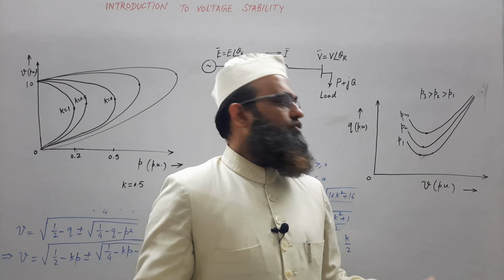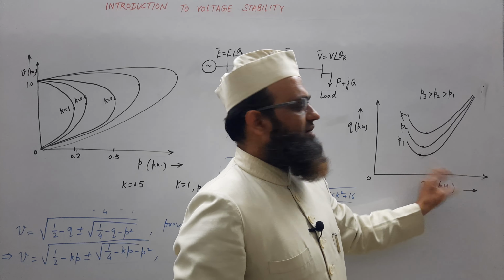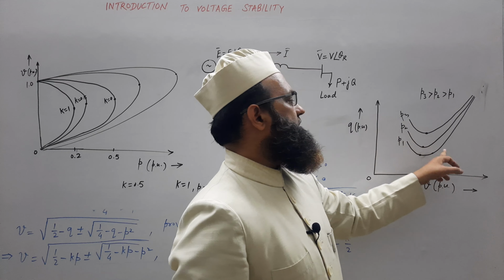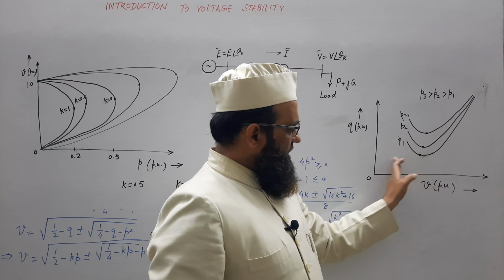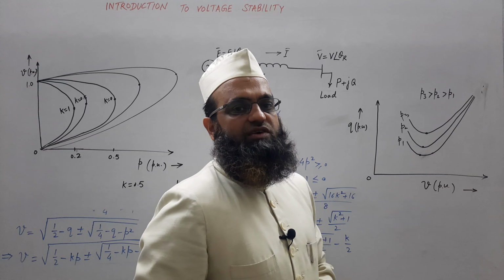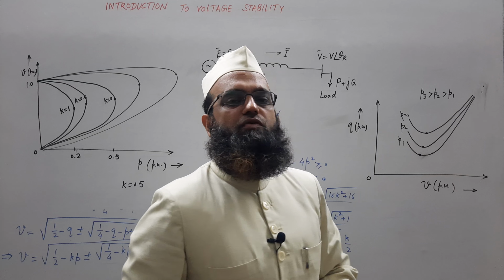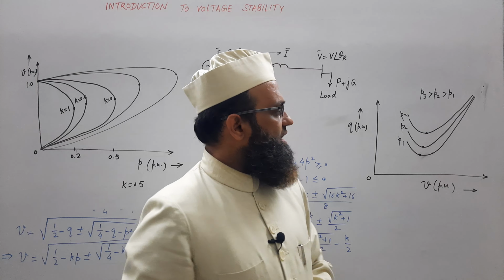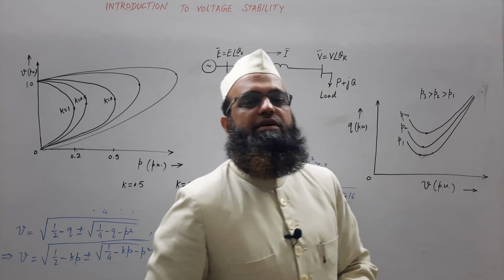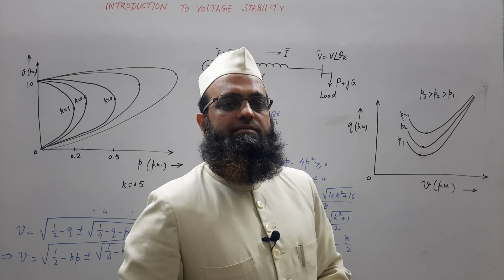See, after the knee point, Q increases with V increasing and vice versa. V increases with Q increasing. But before that, V decreases with Q increasing and vice versa. That's why this region of negative slope is known as unstable region, and this region is known as stable region.